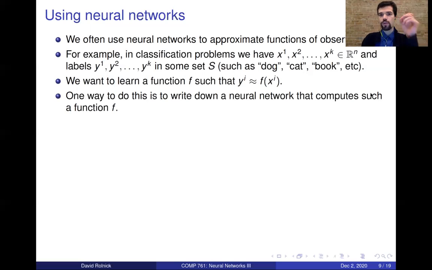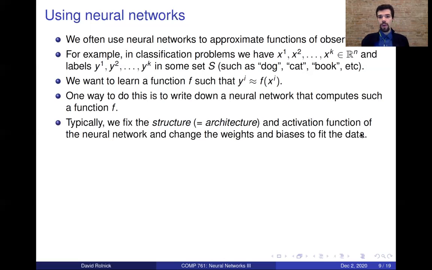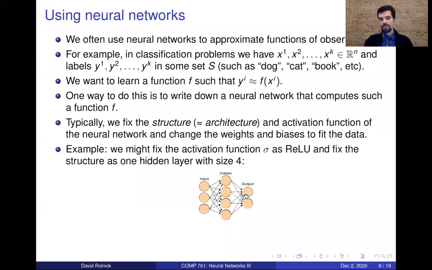One way to do this is to write down a neural network that computes such a function. Typically, the way we're going to find such a neural network is we're going to fix the structure, or the architecture, which is just fixing the graph. If you go back to this picture, this is the structure, if we don't know what the weights and the biases are.